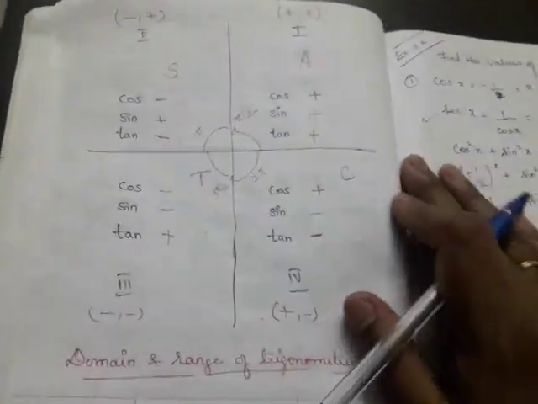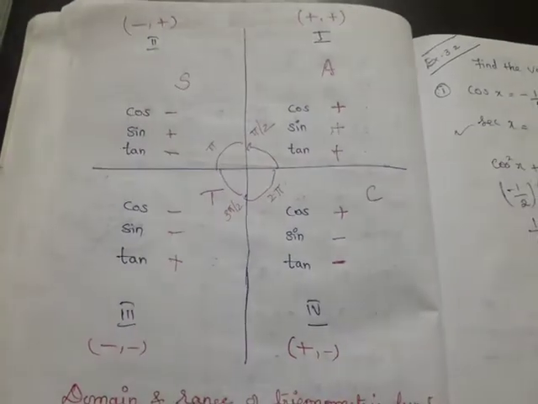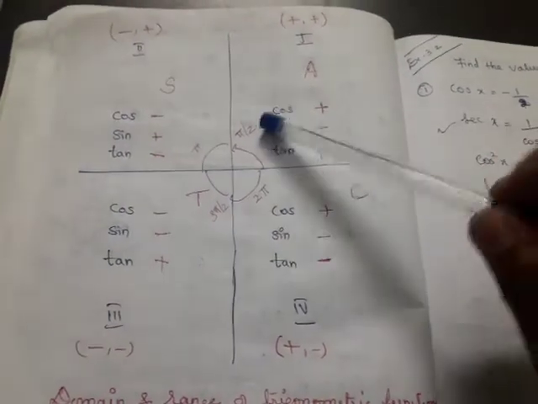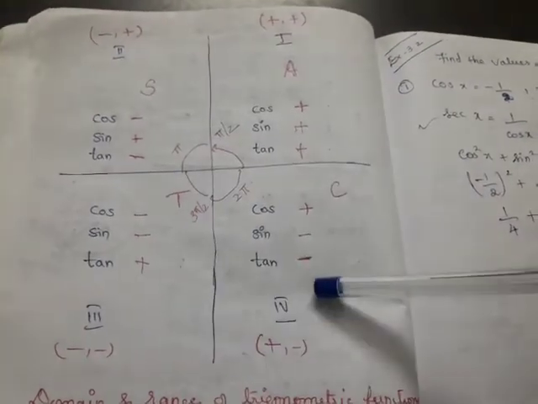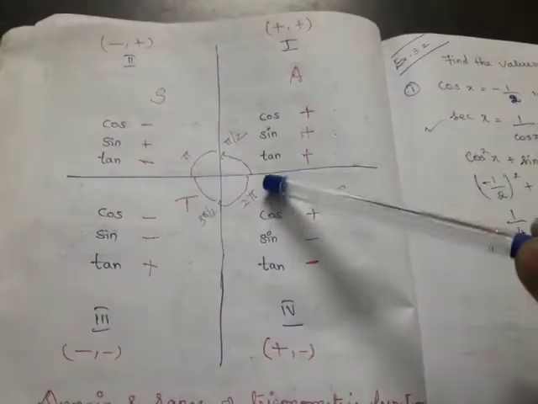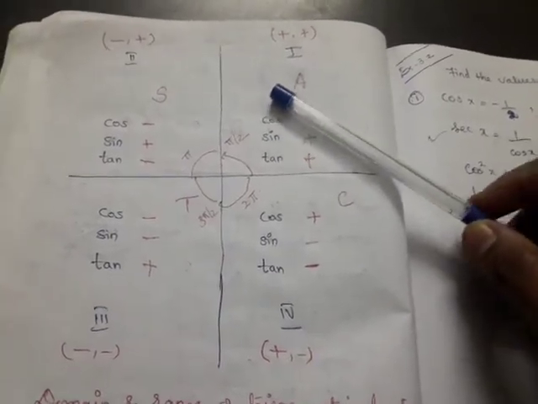Right. After this, we learnt about the sign of the other trigonometric ratios, and I gave you a clue how to remember this. I told you, all silver tea cups, first, second, third and the fourth quadrant, you have to move in this way. In the first quadrant, all trigonometric ratios are positive.